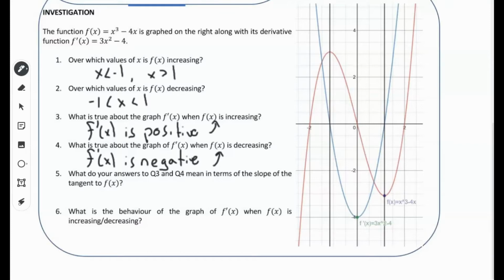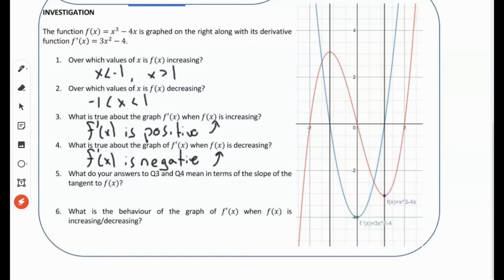So what does this tell us in terms of the slope of the tangent? Well, it says the slope of the tangent is going to be positive when it's increasing and negative when it's decreasing. So look at that. When it's increasing, you can draw any tangent on that increasing function, and it's going to be a positive tangent. When it's decreasing, any tangent is going to be a negative tangent. And then again, when it's increasing, any tangent is going to be a positive tangent.